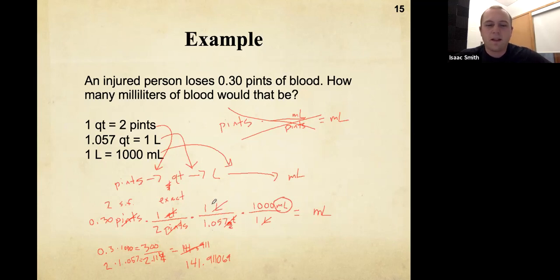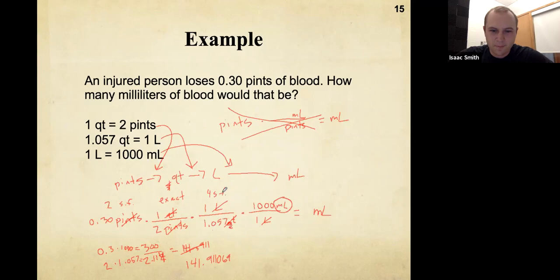We have 1 liter, and this 1 is exact, because in 1 liter we're going to estimate that there are 1.057 quarts. So the 1 is exact, and the estimated number is the bottom number, which contains 4 sig figs.